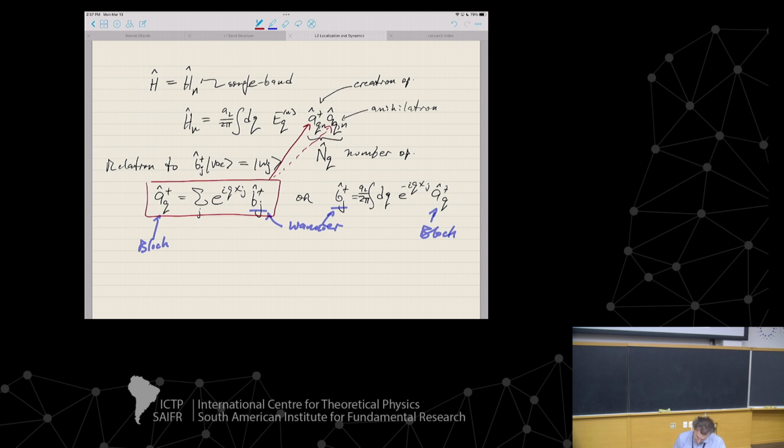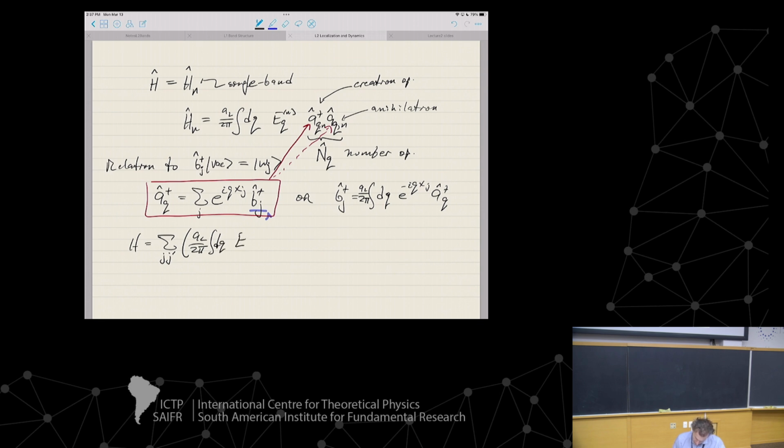What you get is a Hamiltonian now for a single band, which is the sum across J and J prime of a thing which looks like this, integral dq.